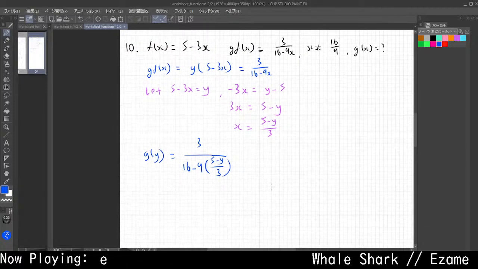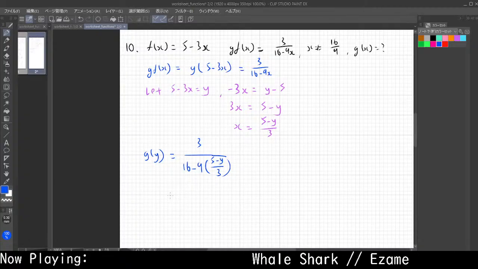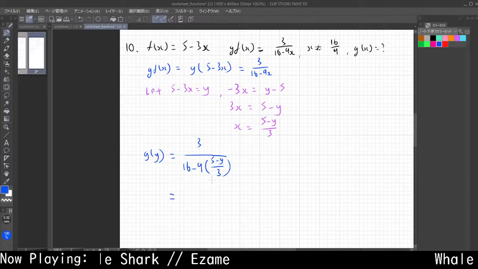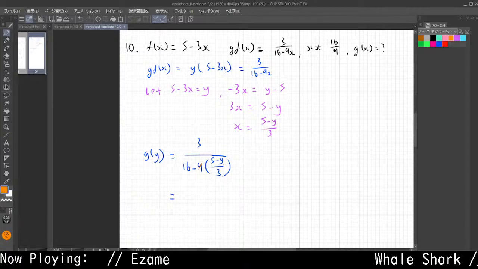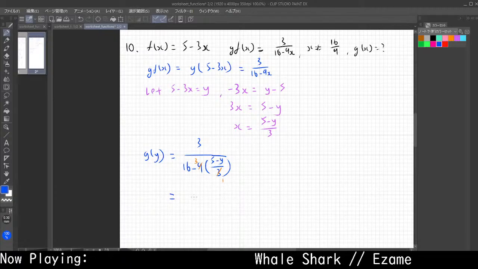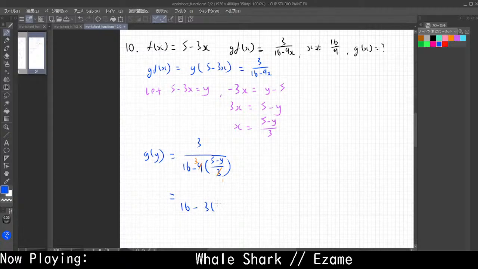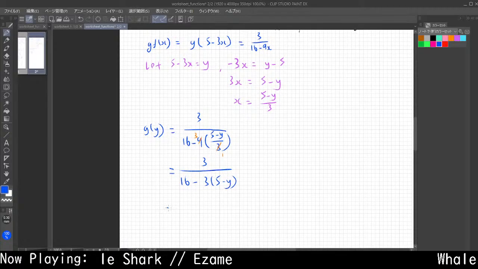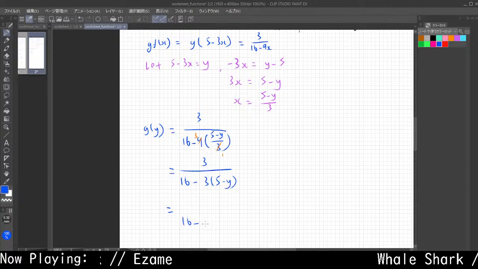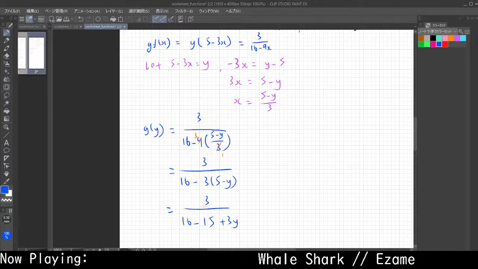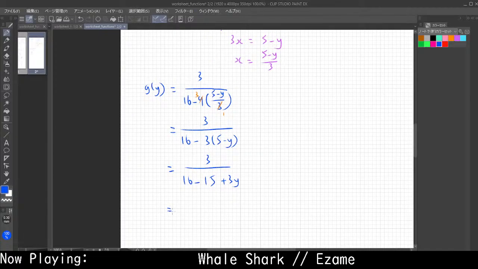Okay, rearrange this. 9 divided by 3: the 3 cancels out and becomes 1, the 9 becomes 3, so you get 16 minus 3 bracket 5 minus y, and then 3 on top. Multiply inside: 16 minus 15, minus minus becomes plus, 3 times y, 3y, this is 3 over.